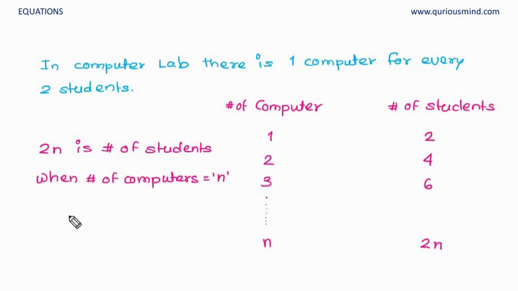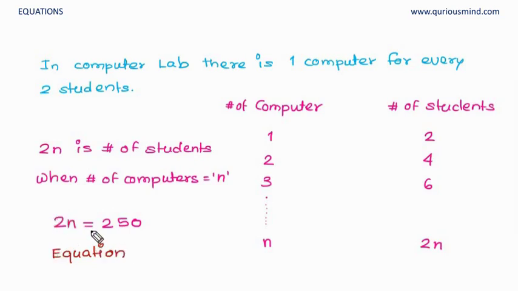We are saying what happens when 2n is equal to 250, what would be n? 2n is equal to 250, and this is called an equation. This is no more an expression.